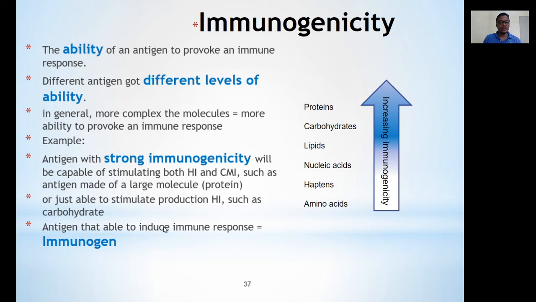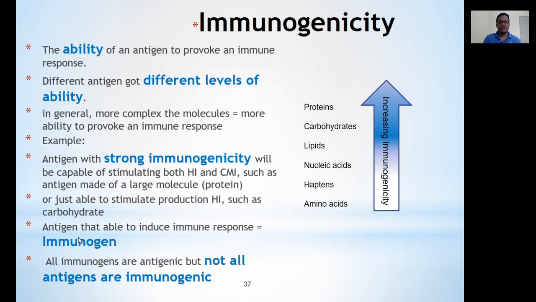An antigen that is able to induce an immune response is called an immunogen. This means all immunogens are antigens, or antigenic, but not all antigens are immunogenic, because some are very weak and have poor ability to provoke the immune response.